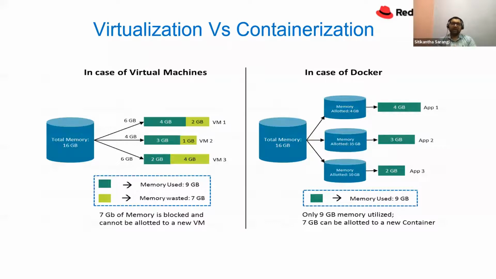Probably it will need 16 GB of RAM at the peak hours, and at the surge hours how many GB of RAM is required. So you are doing prior planning, and you are assigning this many resources to the virtual machine, right? Then you are deploying your application on top of it. But in case of containers, you don't need to do that. You just need to know how much minimum RAM or resources your application needs to run, right?